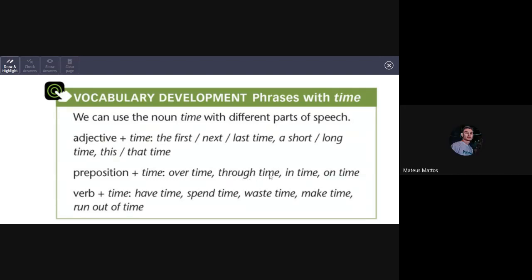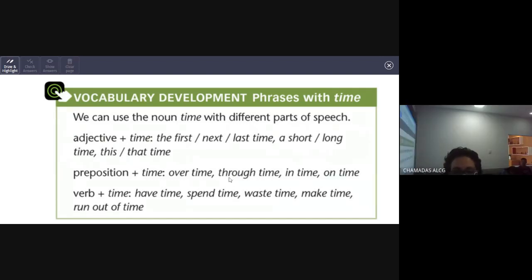Through time is when you are talking about, for example, history. When we study history, we understand things through time because we can study, for example, the beginning of the creation.